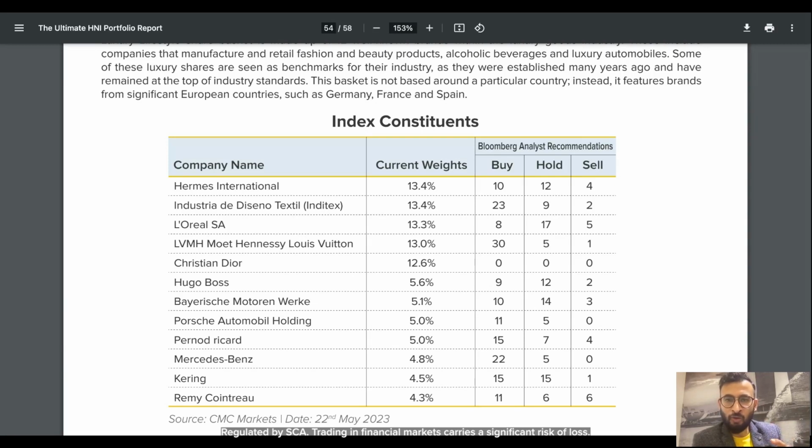Your entire focus is not on how the European market as a large index performs. Your focus is on whether luxury and the Euro stocks will be able to outperform each other. So you are buying luxury, so you want luxury to outperform the other one.